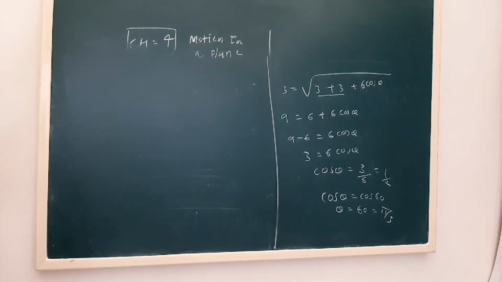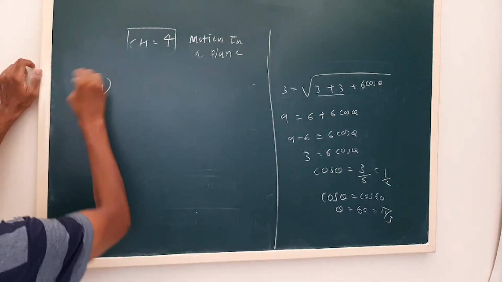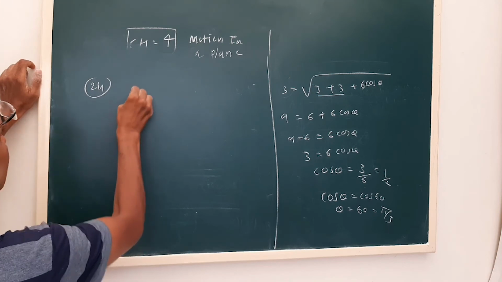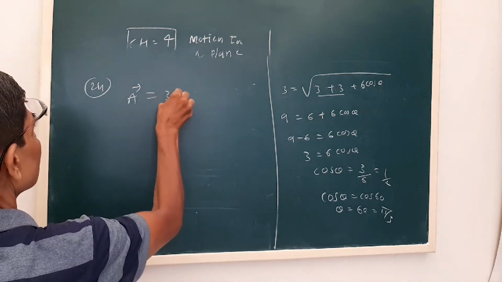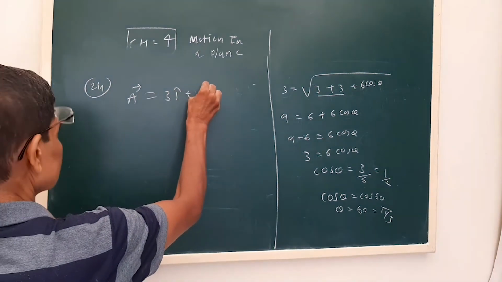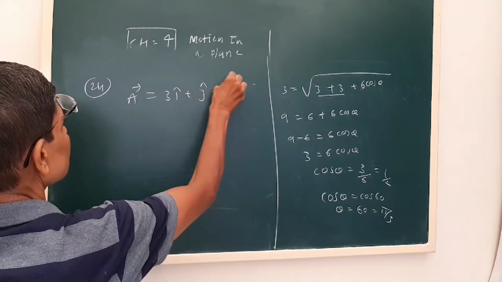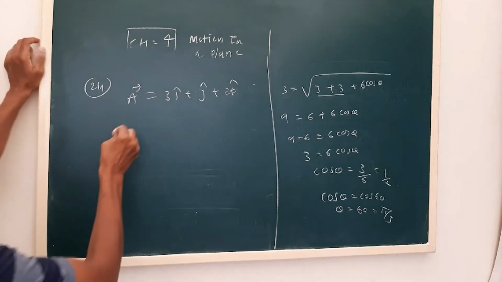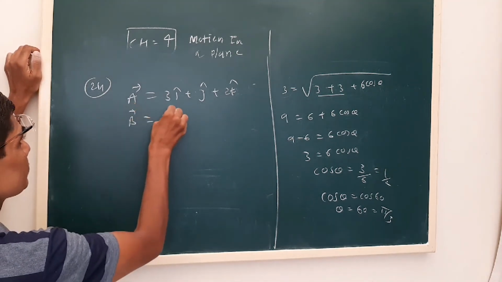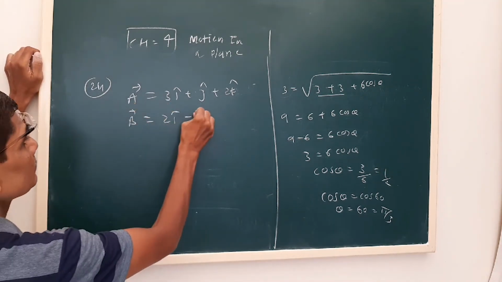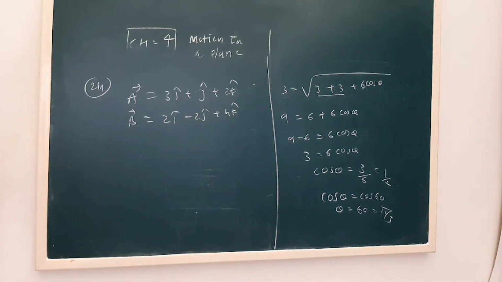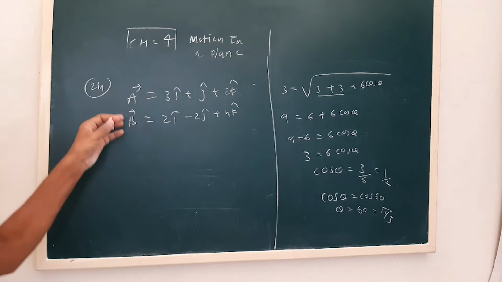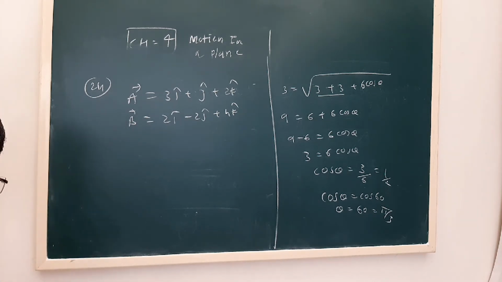See, what is the unit vector? Let us say A and B. A is given as... B is... okay, which is a unit vector perpendicular to both A and B. Okay, unit vector.